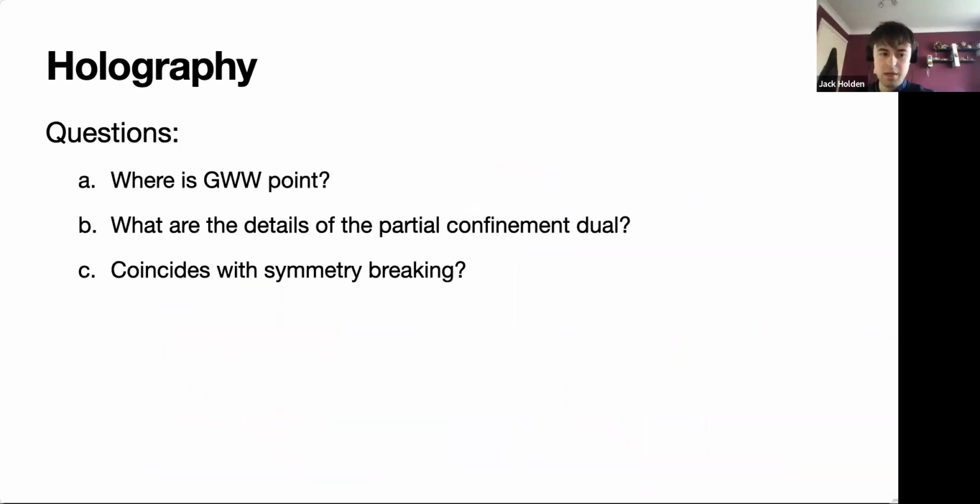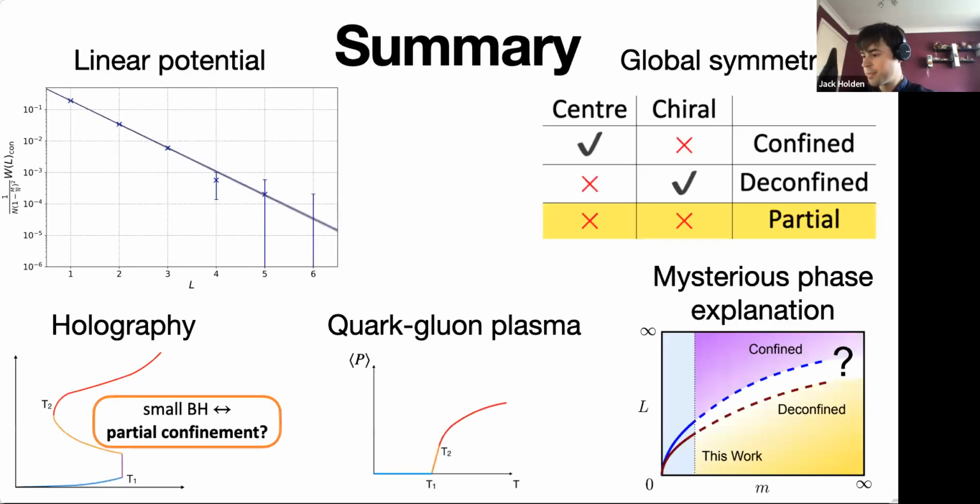And so open questions related to partially confined phase in holography are: where is the Gross-Witten-Wadia point? What are the precise details of the dual, the partially confined theory? And does the dual of the partially confined phase coincide with any symmetry breaking, which can be seen from holographic calculations? So this is a summary of everything that I've spoken about.